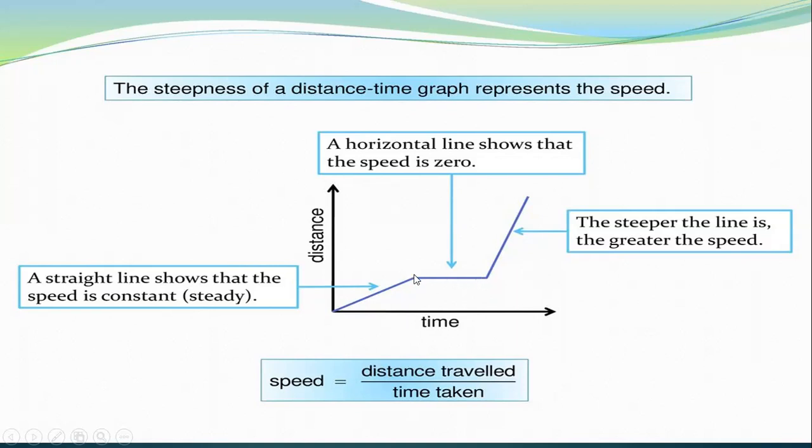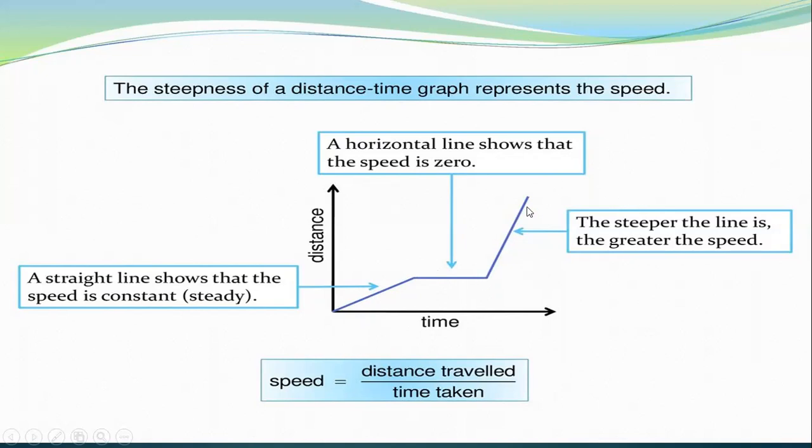The distance from here up to here is zero, but the time will continue to count, but no distance is being covered. Maybe you are resting, or maybe you are repairing a puncture. So no distance is covered here.